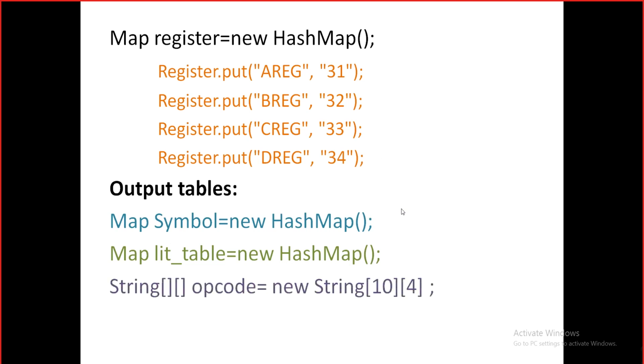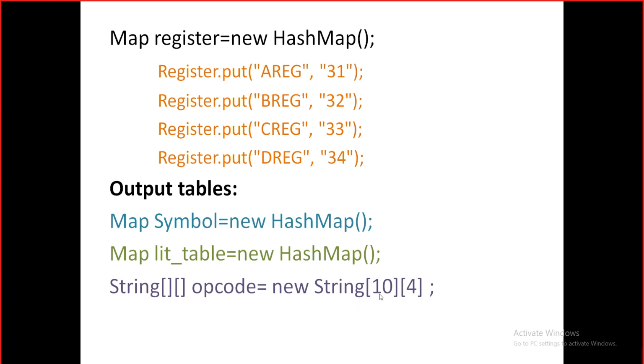Another output table that we need to maintain is the opcode table, right? In which we are storing the intermediate code, isn't it? So for now we are considering the opcode table as a matrix, a two-dimensional array. Why a two-dimensional array? I'll clarify that. Here I have defined the dimensions of the opcode array as 10 and 4.